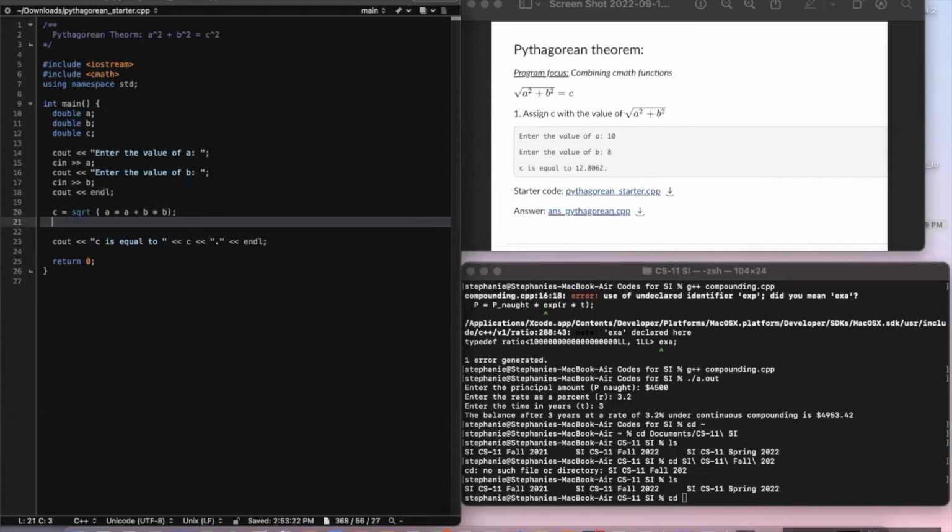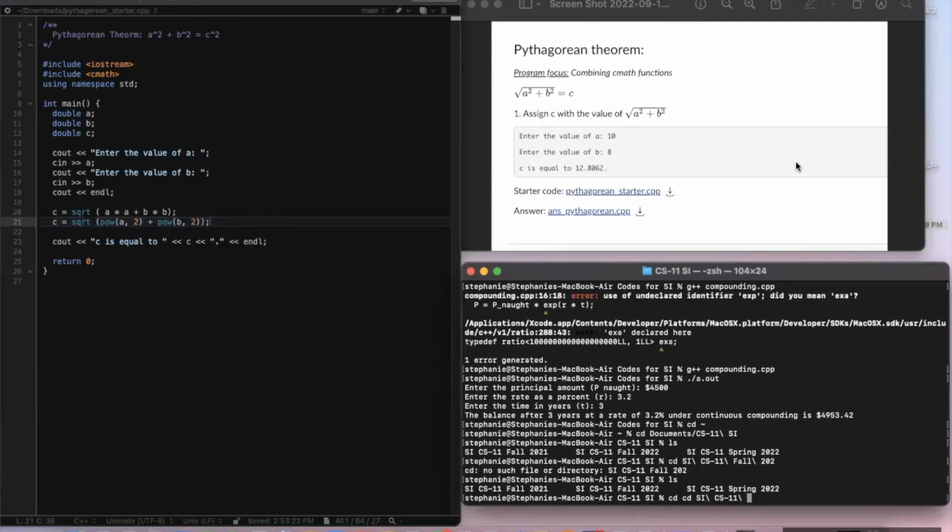We could also do, if you want another version, square root of pow with base a exponent 2 plus pow with base b exponent 2. These lines are both equivalent. It doesn't matter which one you use. Either of them are fine.